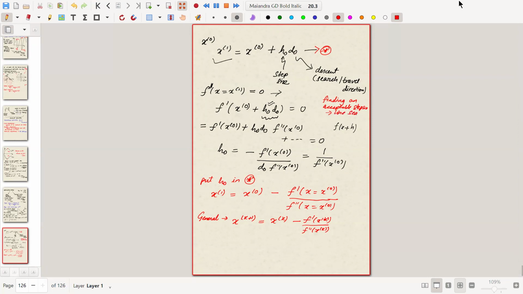So Newton-Raphson is a particular method in that family of line search methods. There are a lot of line search methods. Newton-Raphson is one of them.